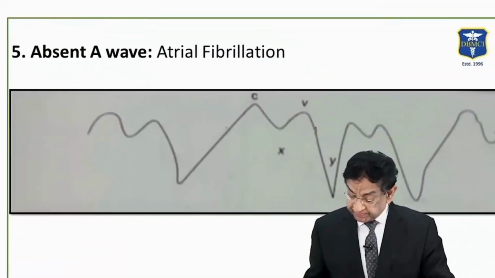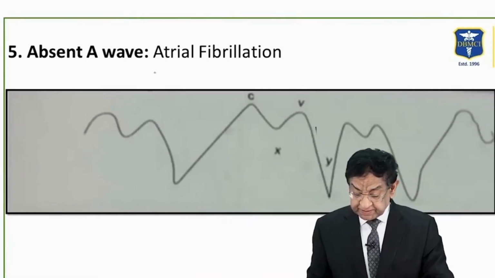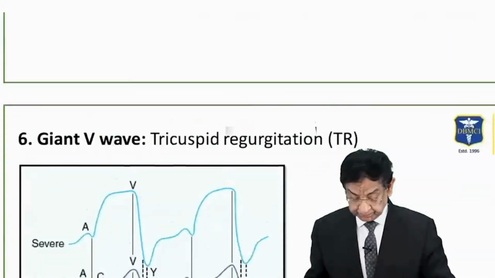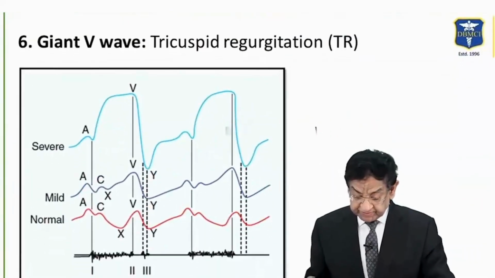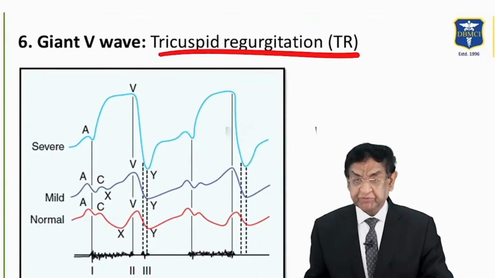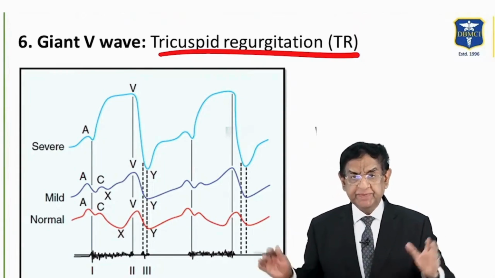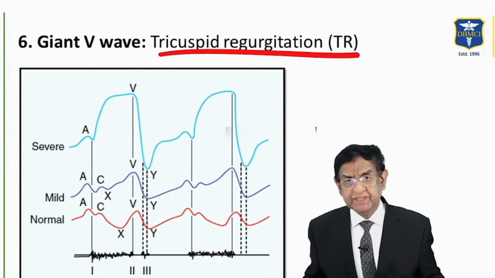Absent A wave, you can see A wave absent, that we see in atrial fibrillation. Giant V wave, that we see in tricuspid regurgitation. We know the basic physiology: in the V wave, we are getting blood into the atrium from the ventricle.